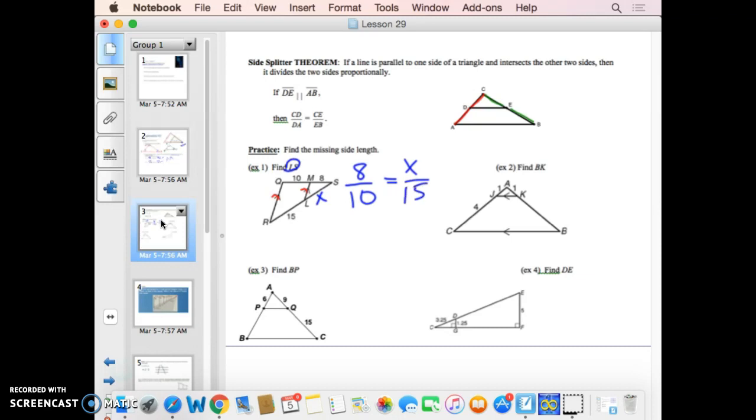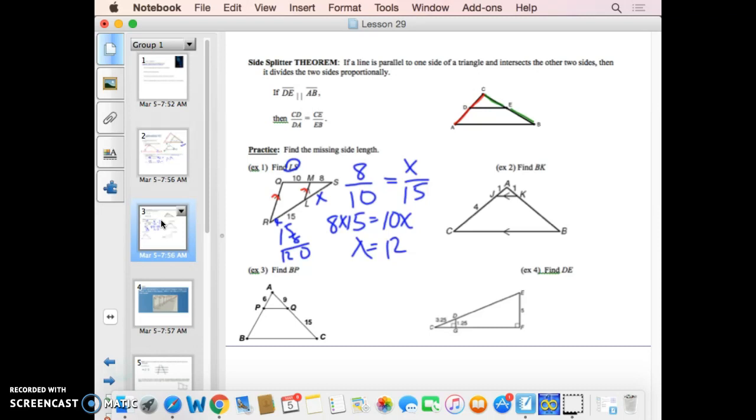And we learned earlier in this unit to find the missing side length. It's just going to be a matter of cross-multiplying and dividing. So 8 times 15 equals 10x. 15 times 8, let's do it over here. It's 120. So x equals 12.